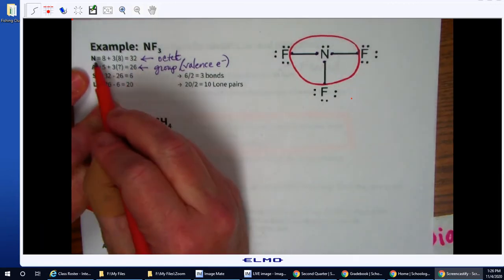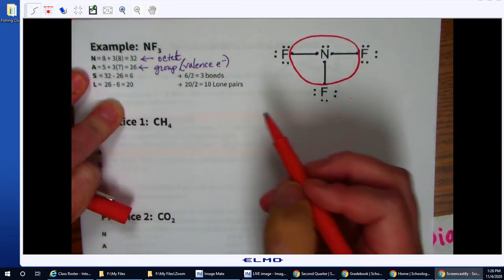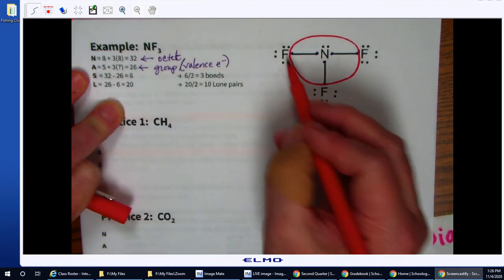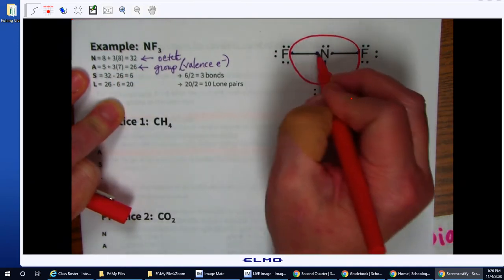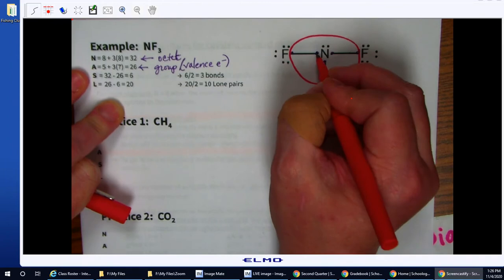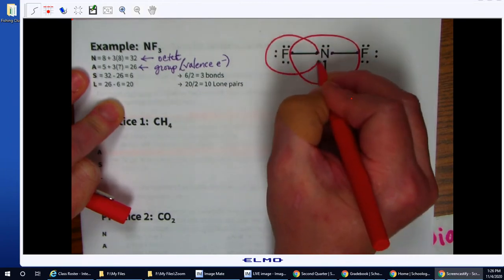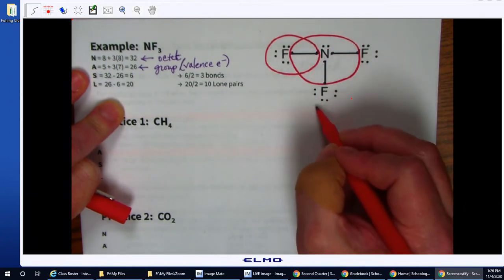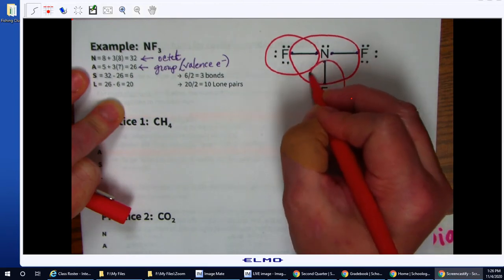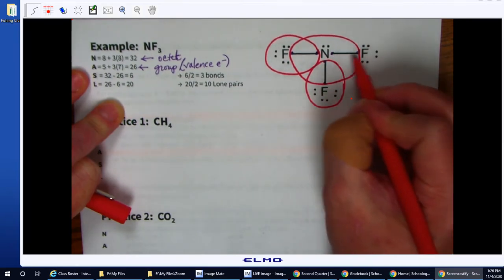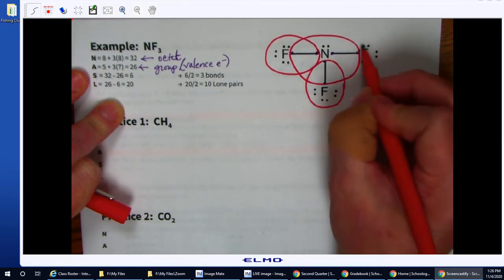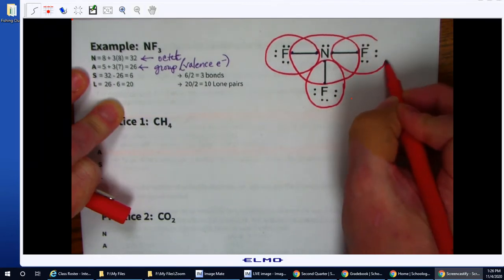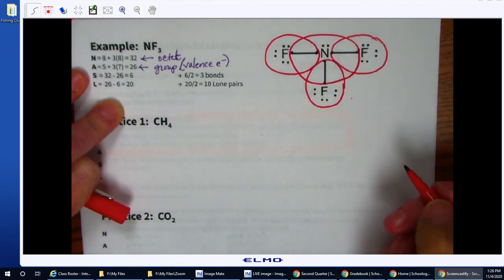Nitrogen has all of its electrons, all of its needs. There's 8. Fluorine also needs 8, and that's for each of these. So here's 2, 4, 6, 8, and again 2, 4, 6, 8, and 2, 4, 6, 8.